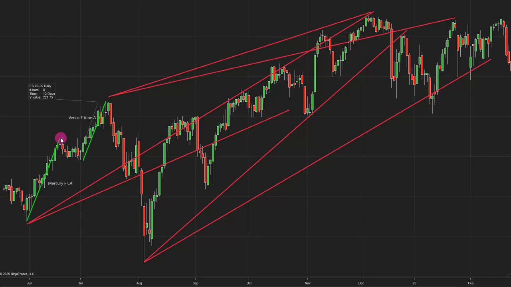So the planets have their own frequency and wavelength, and those are useful projectors in price and time because they're part of the natural system that the Earth and its inhabitants are under here.